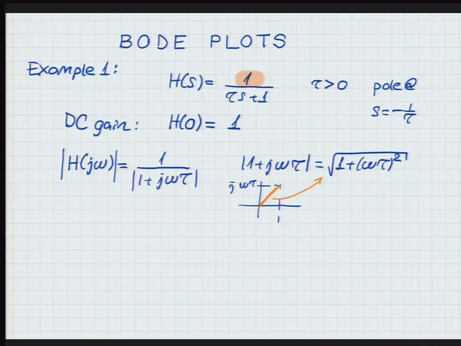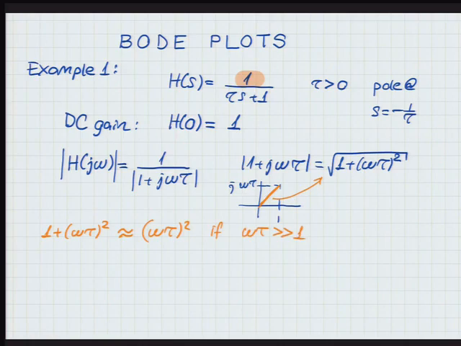So the first thing we'll note is that 1 plus (omega tau) squared can be approximated with (omega tau) squared if omega tau is much, much bigger than 1.